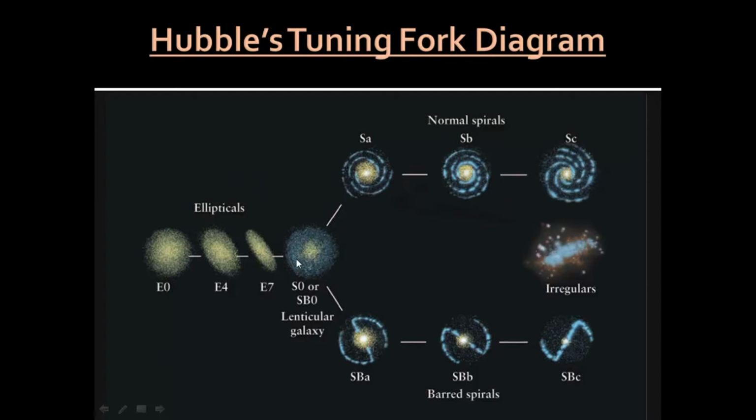In between the ellipticals and the two types of spirals are the lenticular galaxies. These are lens-shaped galaxies that have a central bulge and a disk, but really no spiral arms. You could think of lenticular galaxies as armless spiral galaxies, somewhere in between.